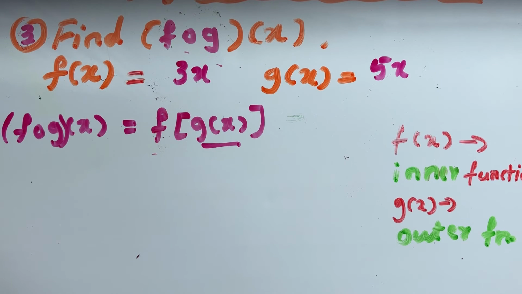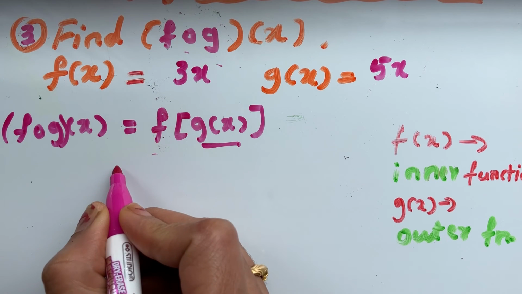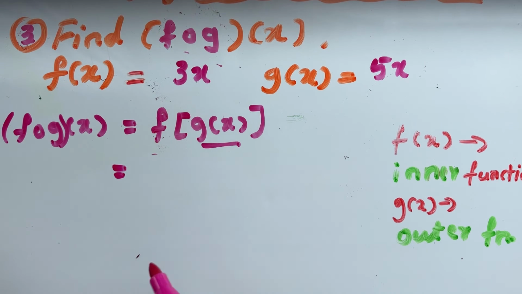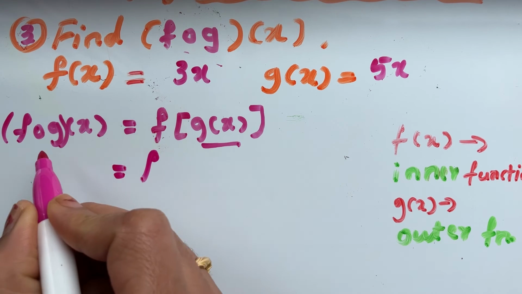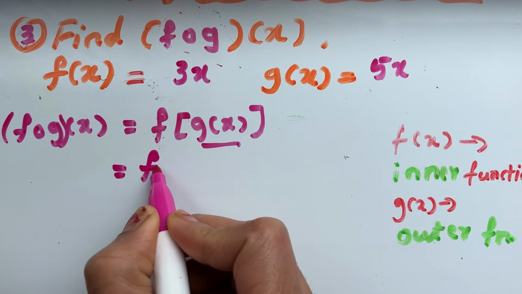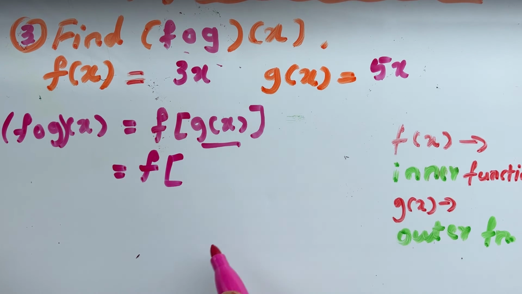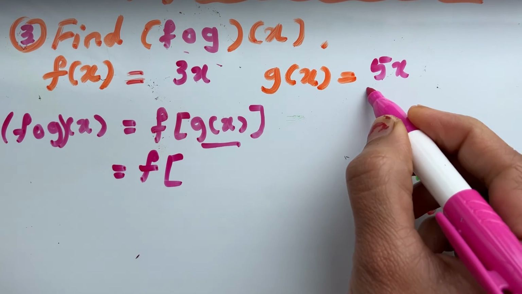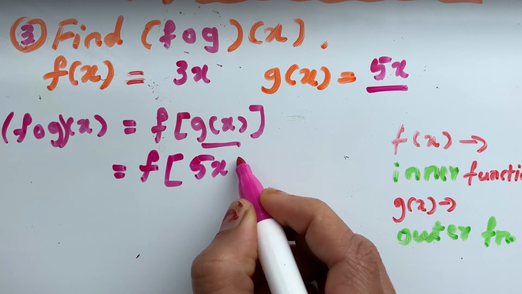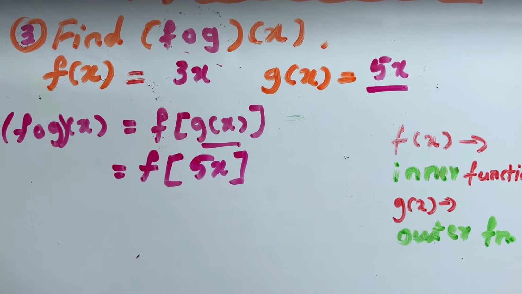Now find f composition g of x for f of x is 3x and g of x is 5x. F composition g of x is f of g of x. The inner function is g of x, whose value is 5x. So f of 5x. You are sending 5x through f now.